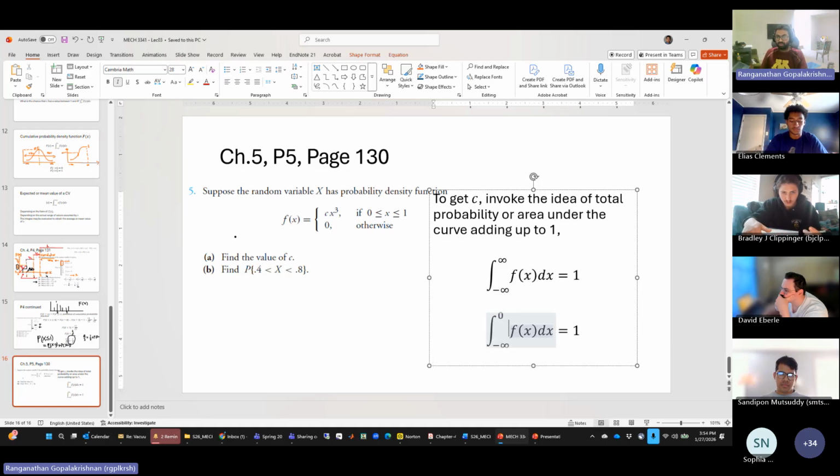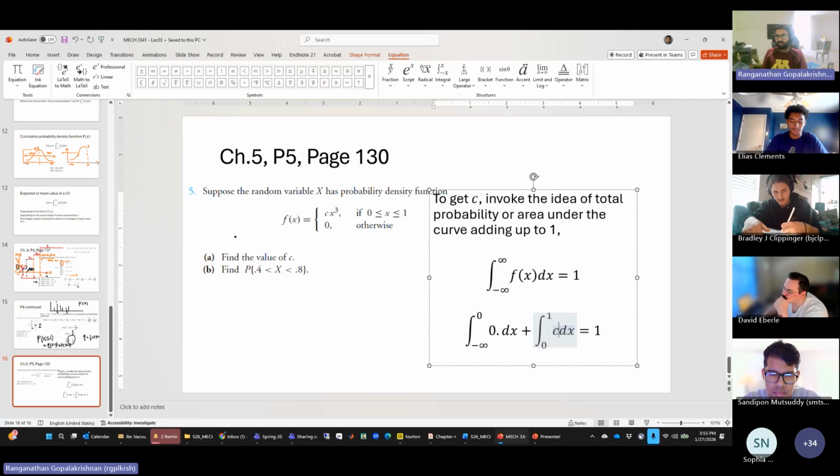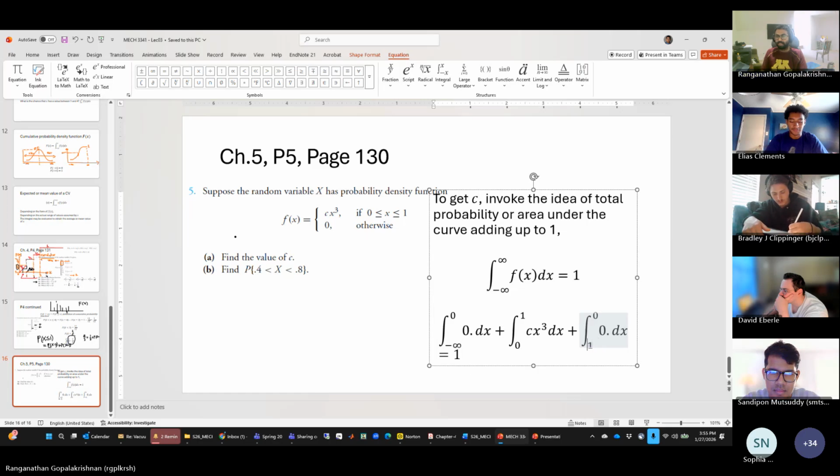that would be minus infinity to 0 of 0 dx, plus 0 to 1 of c x cubed dx, plus, you guessed it, 1 to infinity of 0 dx, all three integrals adding up to 1.